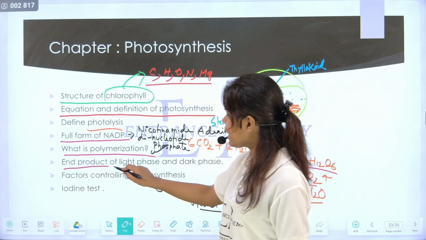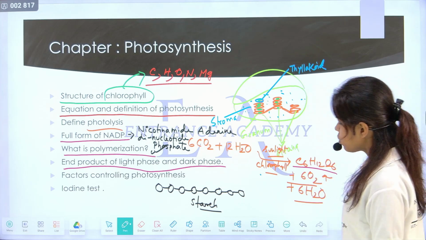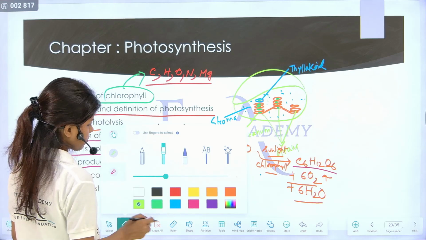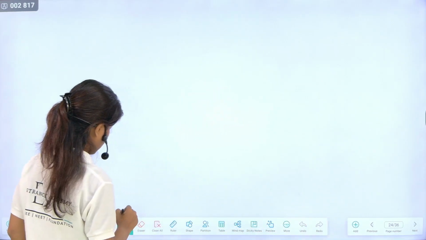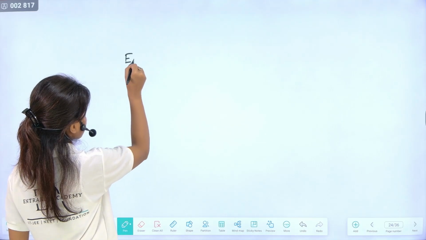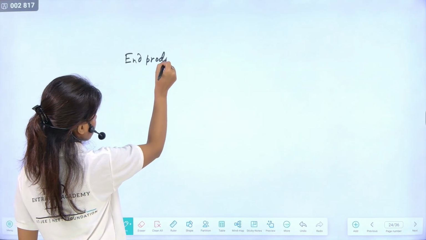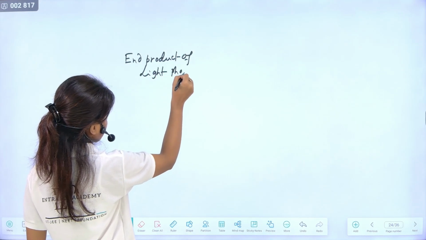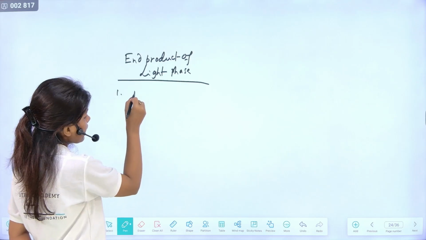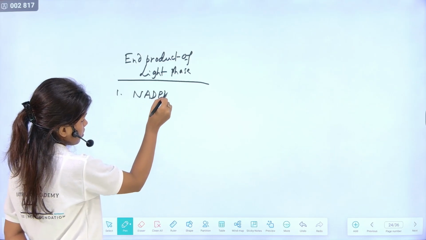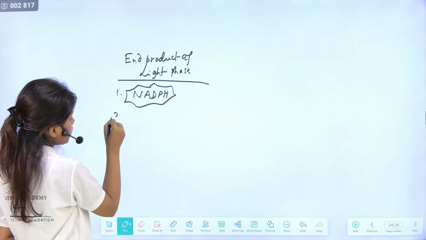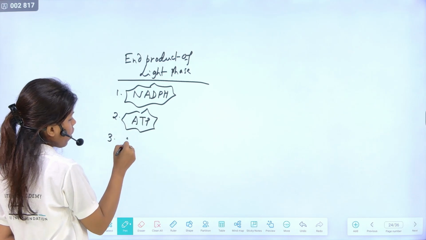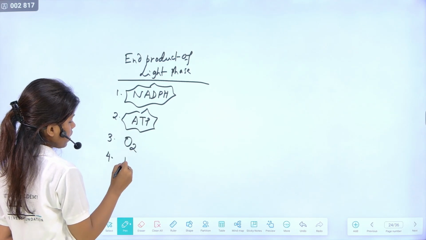Next, what are the end products of light phase and dark phase? So the end products of the light dependent reaction or light phase are number one NADPH, number two ATP, number three oxygen, number four water.